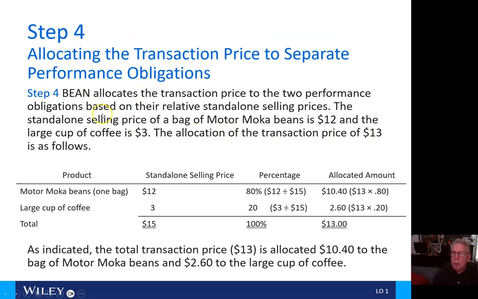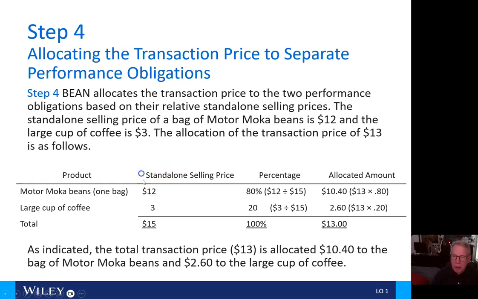Okay, so Bean then allocates the transaction price to the two performance obligations based on their relative standalone selling prices. The standalone selling price of a bag of mocha beans is $12, and the large cup of coffee is $3.